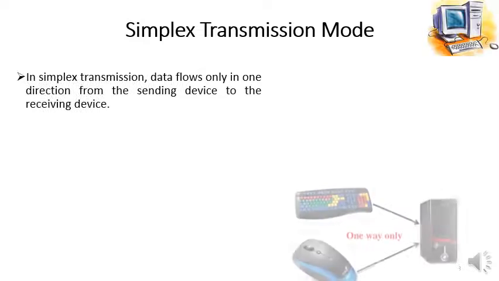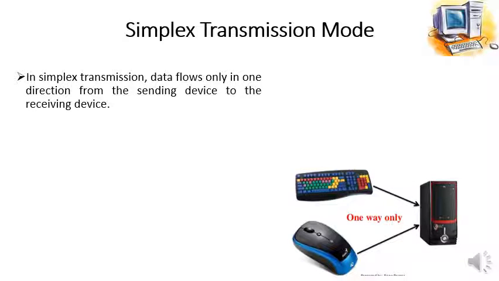First of all, simplex transmission mode. In simplex transmission, data flows only in one direction from the sending device to the receiving device. Like here you can see in this image, it shows the communication between the keyboard and CPU or the system unit, and mouse and the system unit.